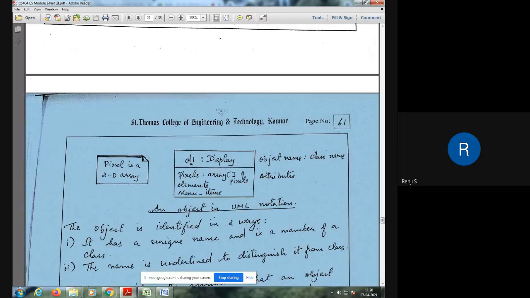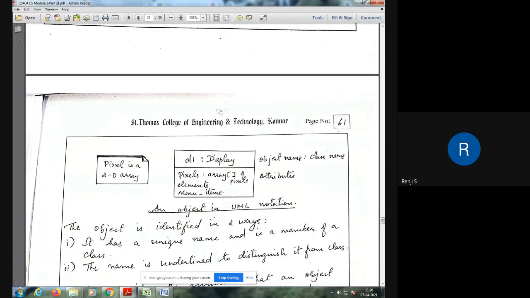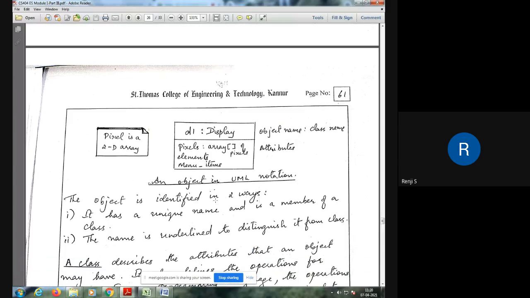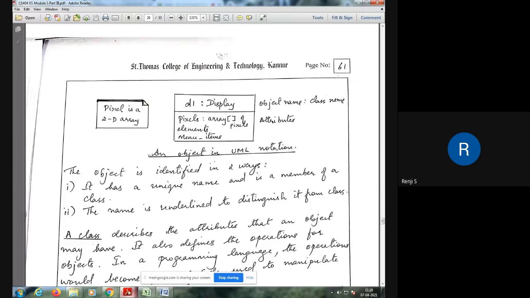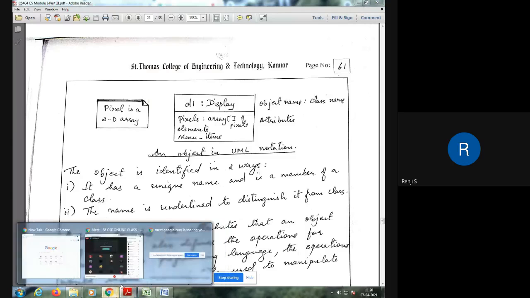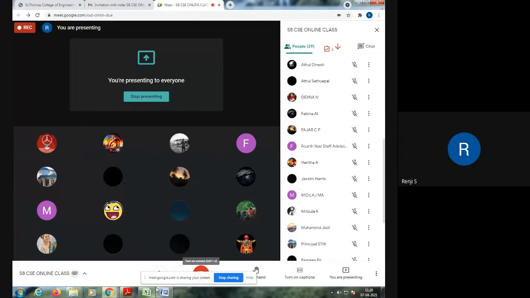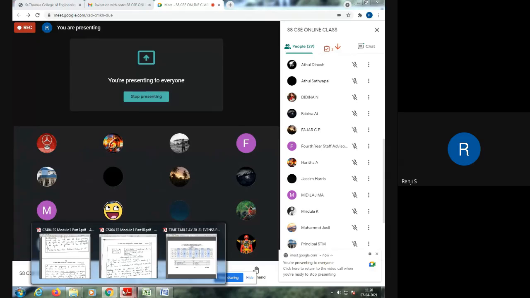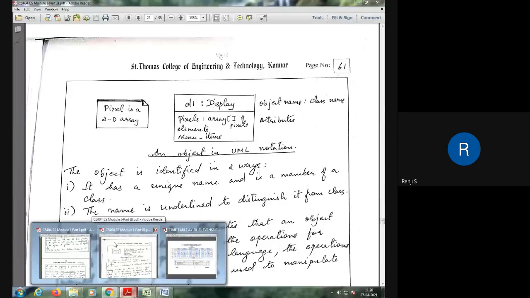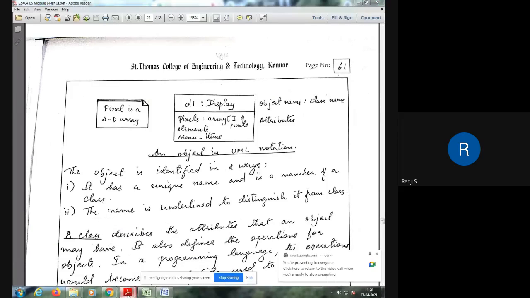So D1 is the object that belongs to the class display. So object name colon class name is the syntax. These are the basic things that you have already studied. I'm just revising all these topics.